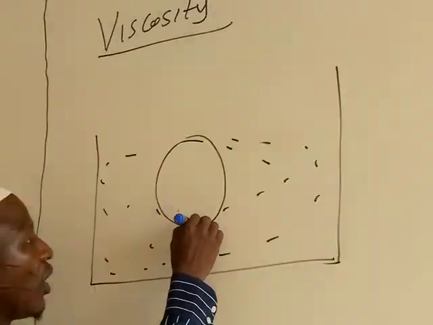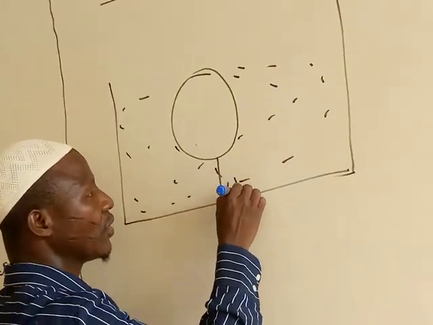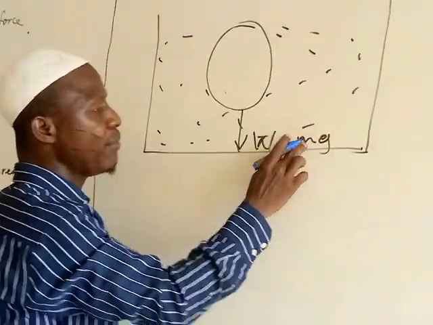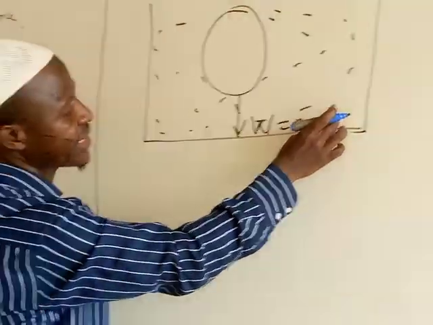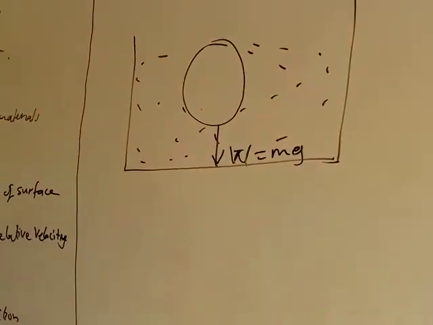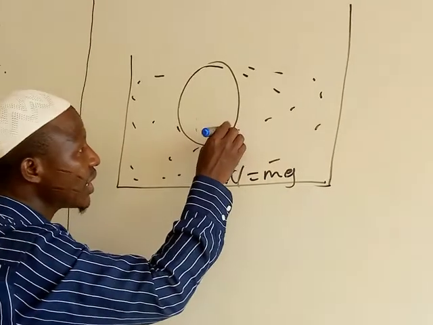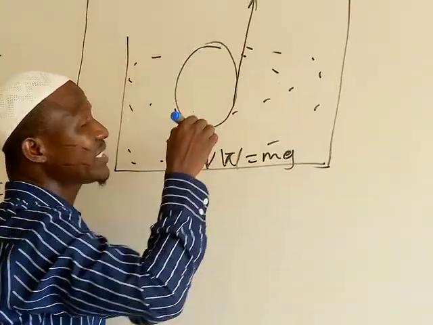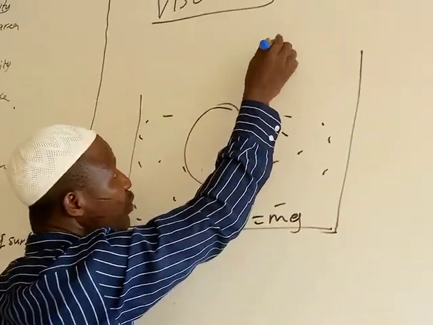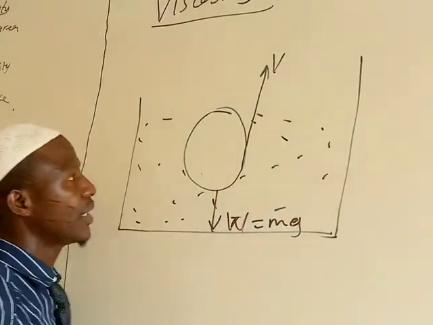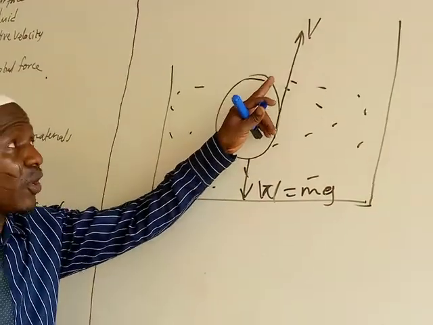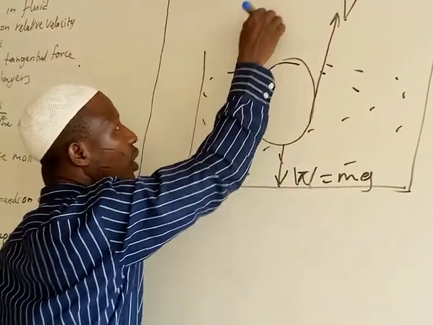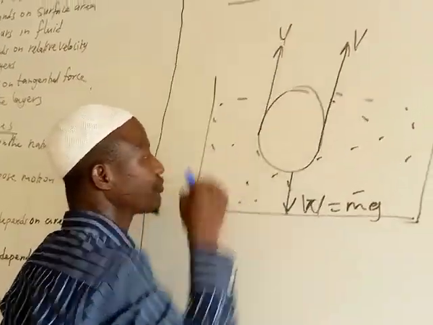The weight of the object is acting downward, W, which is the same thing as mg, where m is the mass of the object and g is acceleration due to gravity. Then we have frictional force acting upward, or we call it drag force, let's call it V. That is not the only force acting upward. We have another one, we call it upthrust. Upthrust is also acting upward.